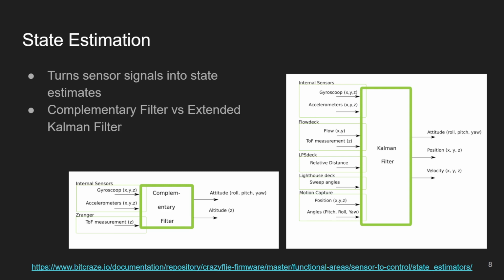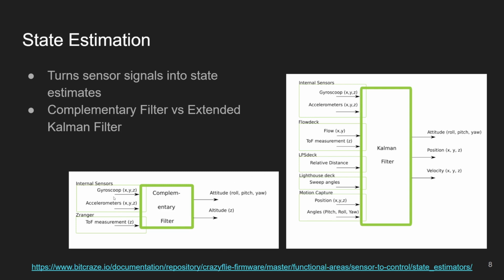There's a couple of ways that the CrazyFlie can get information: a gyroscope, accelerometers, time of flight, the flow deck, some sweep angles, some motion capture, and the lighthouse, which is the VR environment. All of those work to integrate and take information in and create set points.